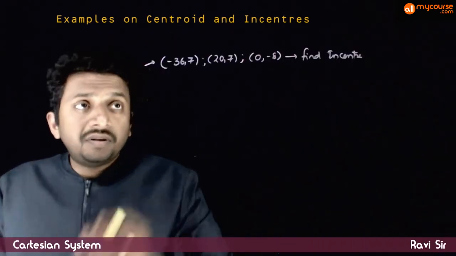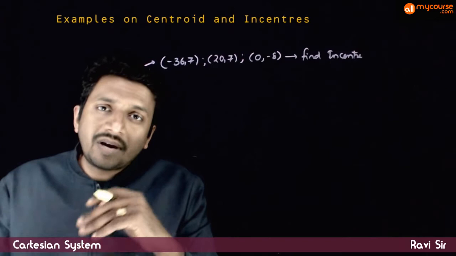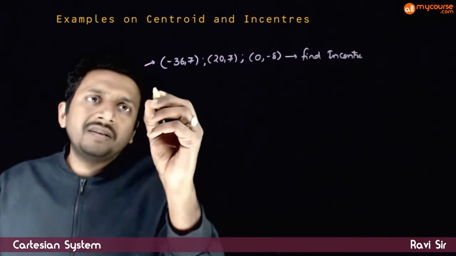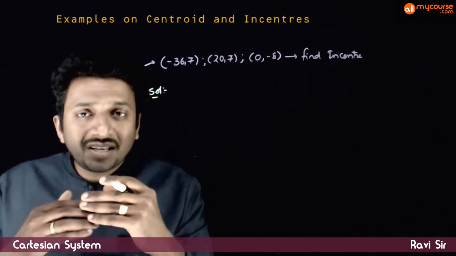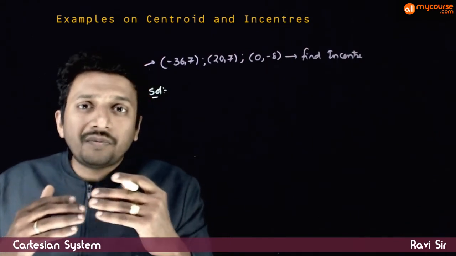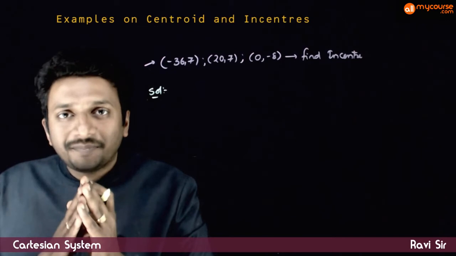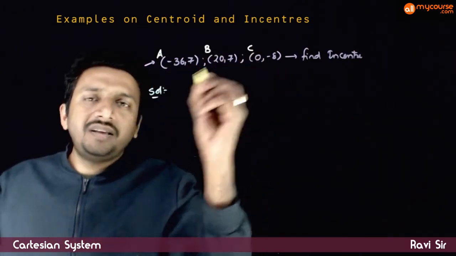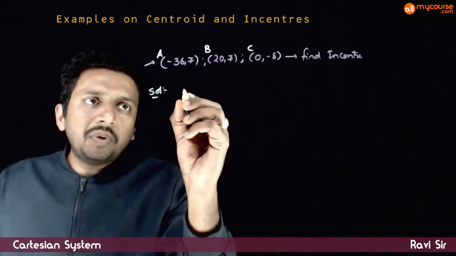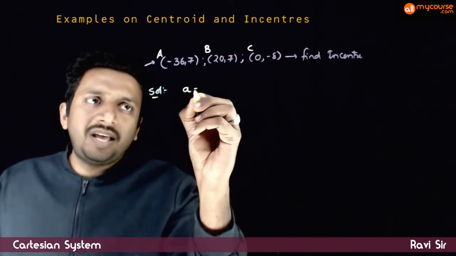In this question, you're given three vertices of a triangle and you're asked to find the in-center. To find the in-center, first you need to find the lengths of the sides of the triangle. Let us take this vertex as A, this vertex as B, this vertex as C. What is the length small a?